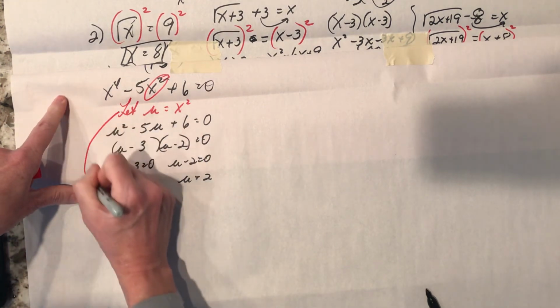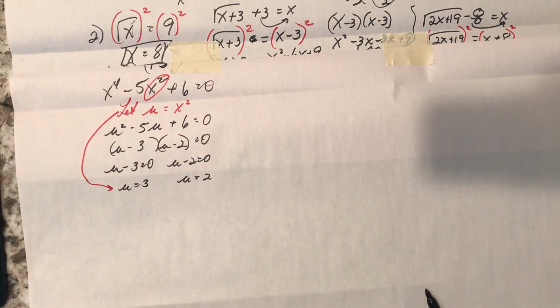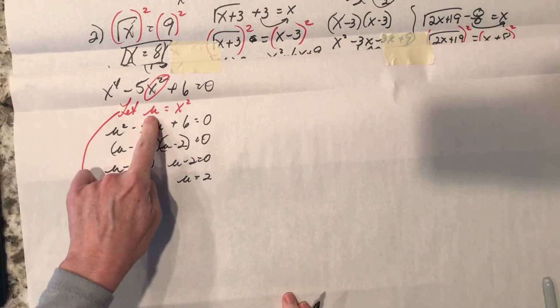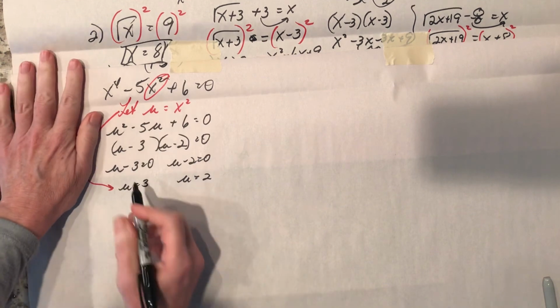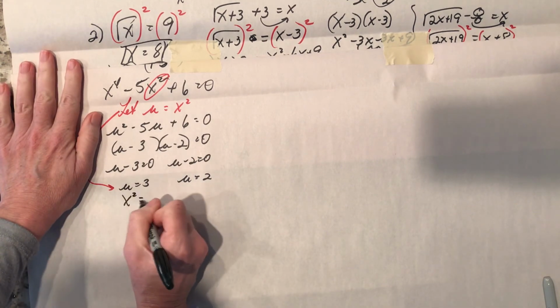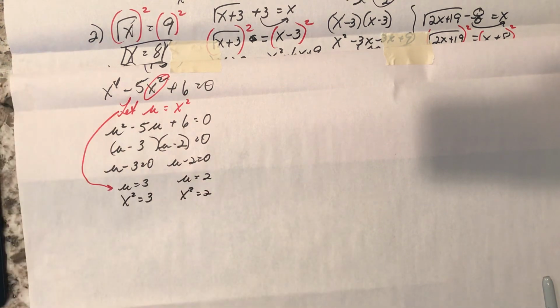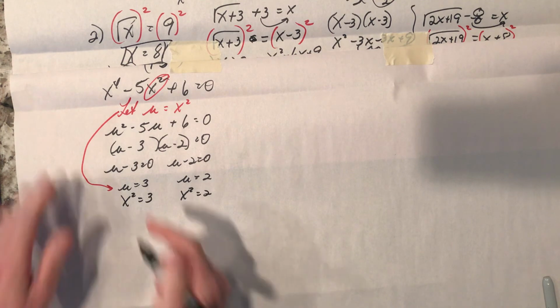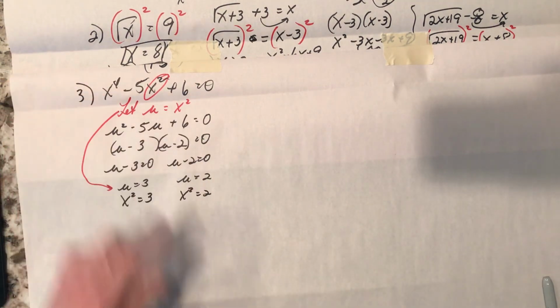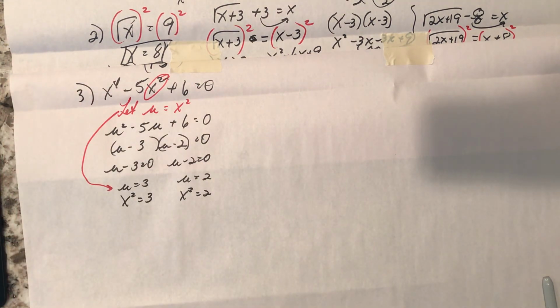So we're going to have to undo the substitution. Every time you find a mu, put in an x squared. So there's a mu, I'm going to put in an x squared. There's a mu, I'm going to put in an x squared. Now I'm back on x grounds, which is what I needed to be, because this is an x problem and I need to land at an x answer.